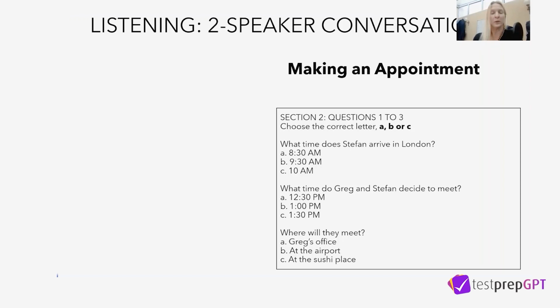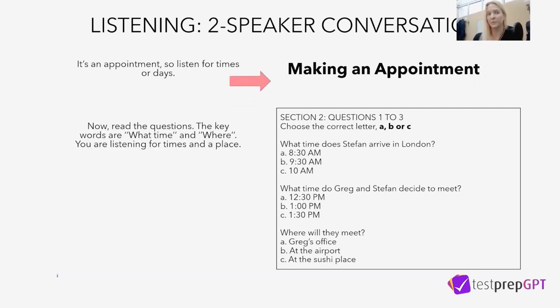Now let's read the question. Questions 1 to 3, choose the correct answers A, B, or C. What time does Stefan arrive in London? So it's an appointment. We're looking for a time or maybe a day. Now, when we read the question, we see the words what time, so we're looking for a time.